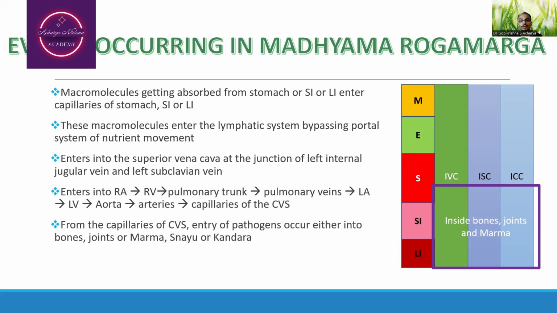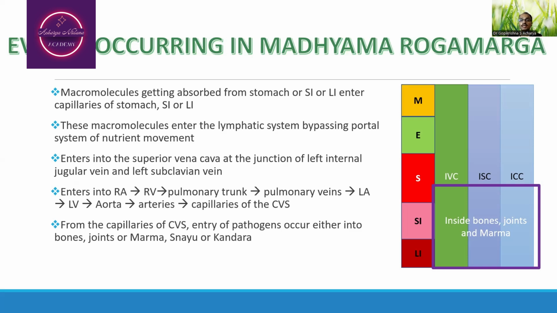From the capillaries, these pathogens move into the Marma, or they may enter the bones, or the joints, or the Snayu and Kandara attached to the Asthi or Sandhi. That is the pathological event observed in Madhyama Roga Marga.